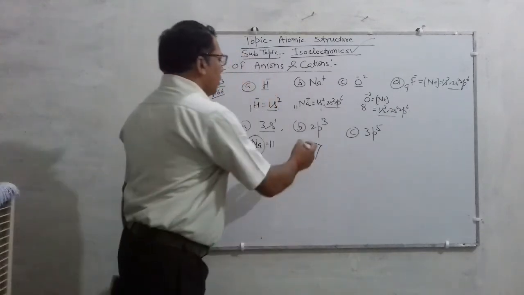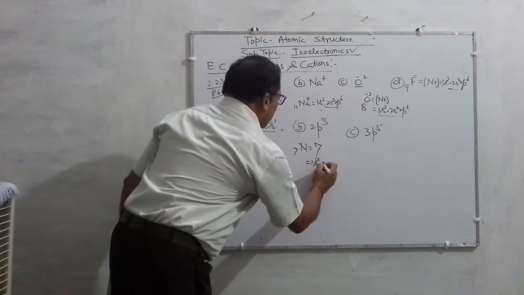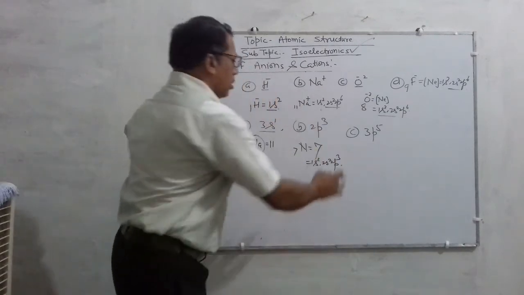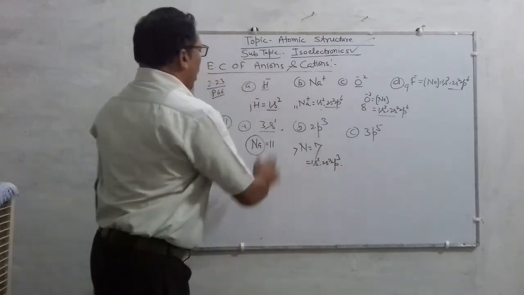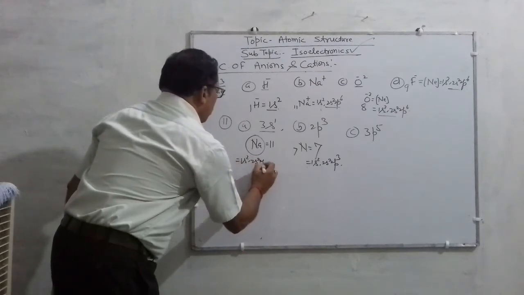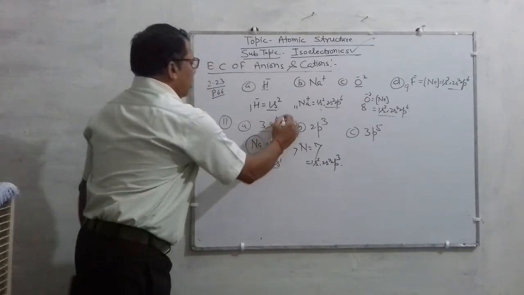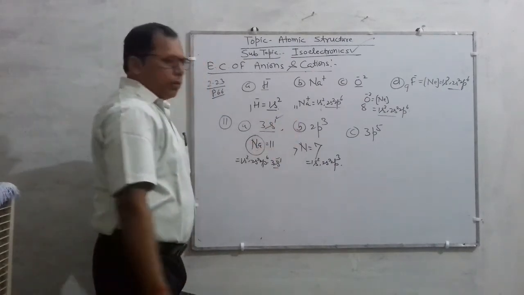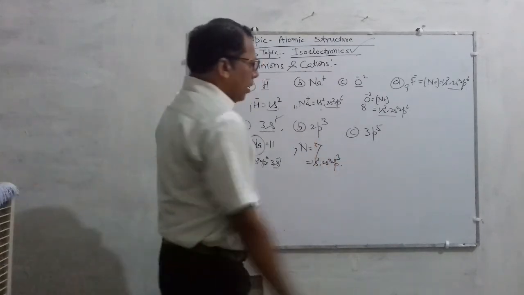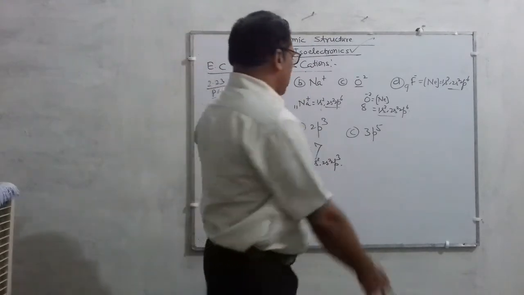Am I right? Children, 7N is 1s2, 2s2 and 2p3: 3 plus 2 plus 2 is 7. And 3s1 means 1s2, 2s2, 2p6 and 3s1. So 3s1 is 11, sodium, and 2p3 is nitrogen. Similarly, 3p5 is chlorine, no doubt.